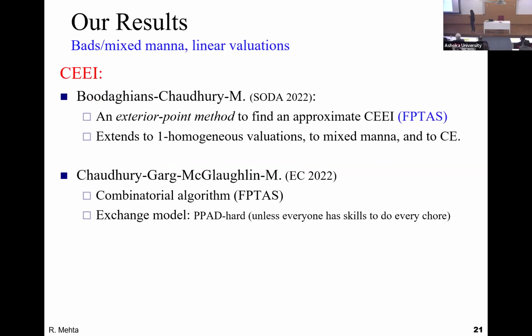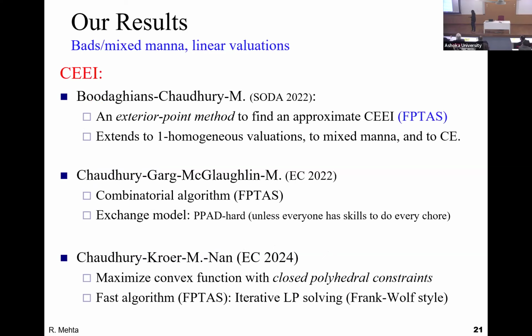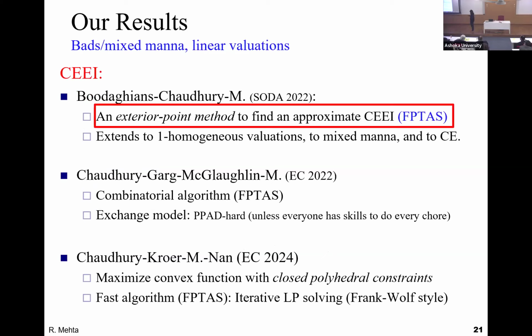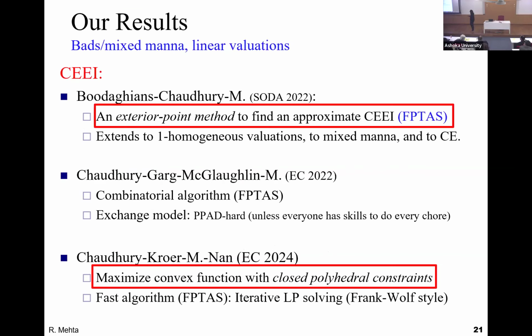In follow-up works, we also obtained a combinatorial algorithm, and finally, a nice non-convex formulation. Why this formulation is important will be clear very soon. I want to focus on this exterior point method, as I said. If time permits, I will probably talk briefly about this new non-convex formulation.